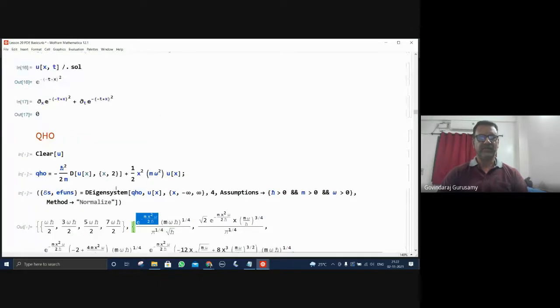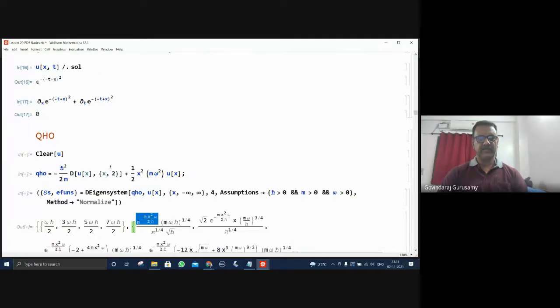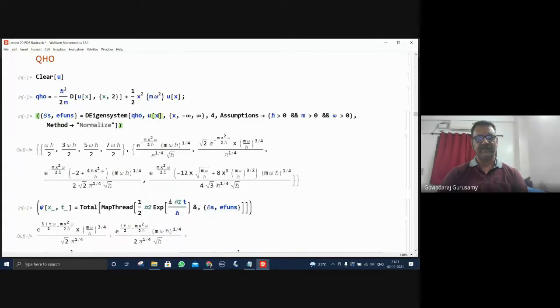And you see, when you understand this PDE and look for the solution in terms of eigensystem, this is an eigensystem now. One line you have an answer. See the beauty of it. You get the point? It's an eigenvalue system.